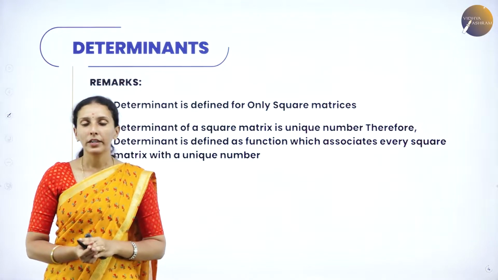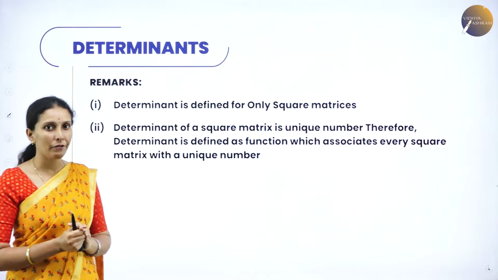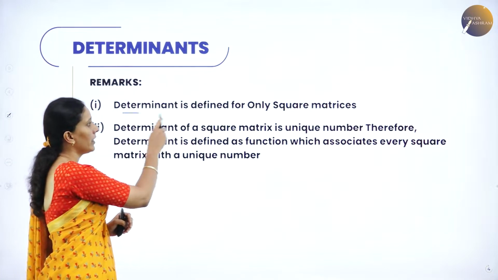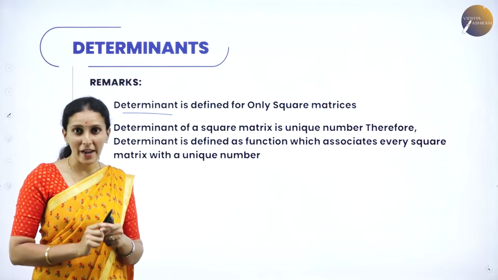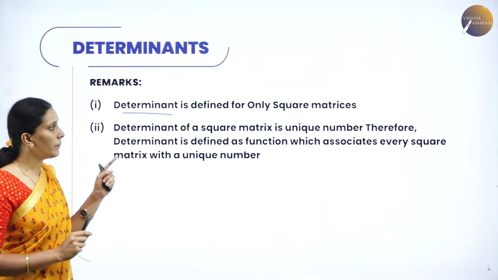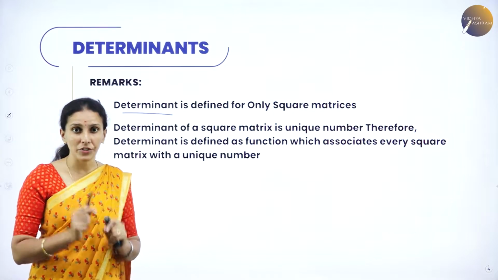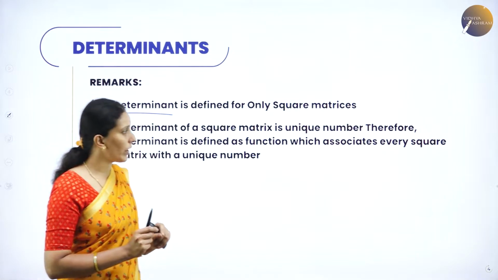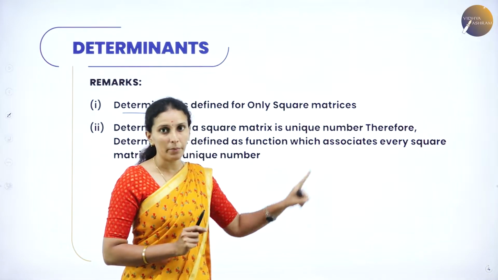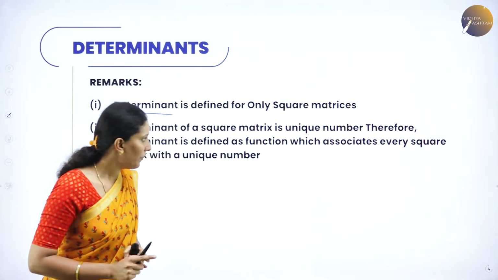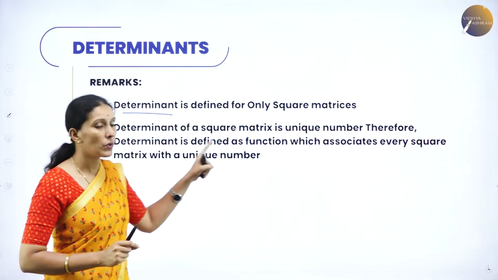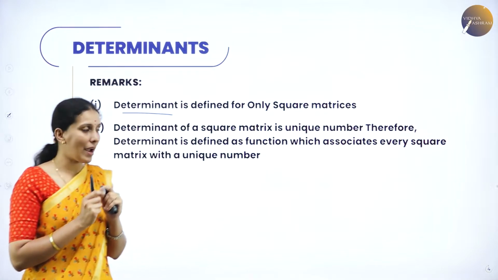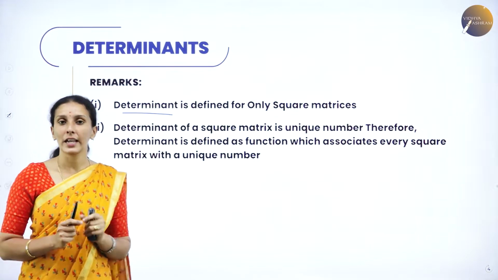The important thing to note here is that the determinant is defined only for square matrices, and the determinant of a square matrix is always unique. So, for one particular square matrix, the value of the determinant is unique. Therefore, it can also be defined as a function which associates every square matrix with a unique number.